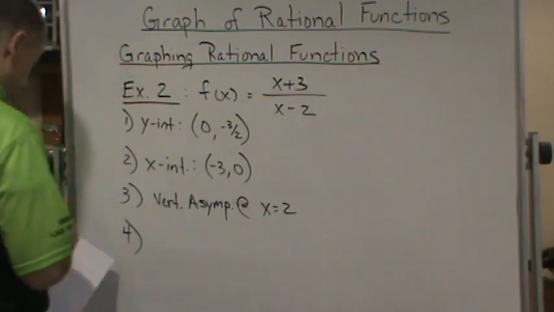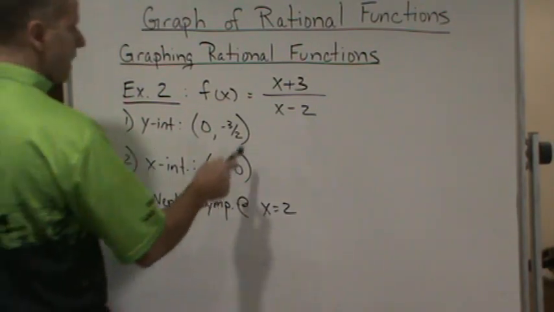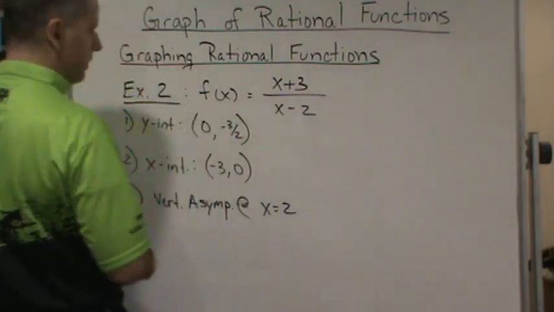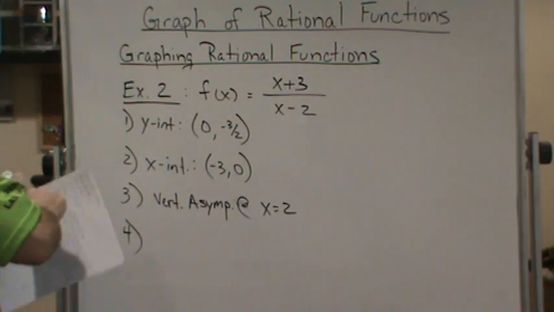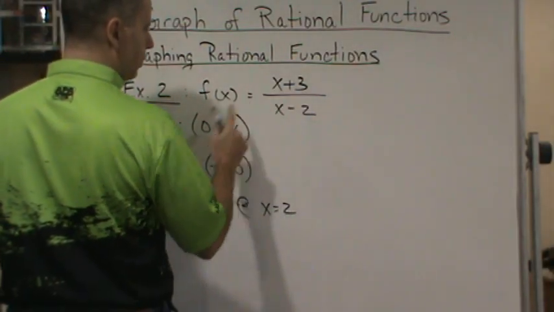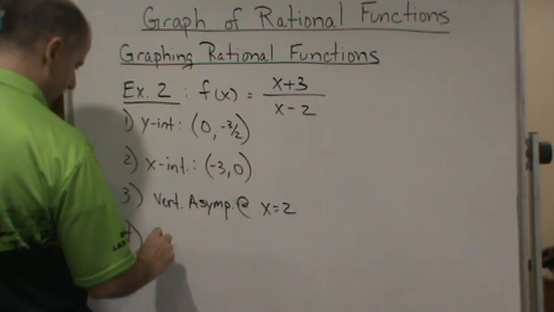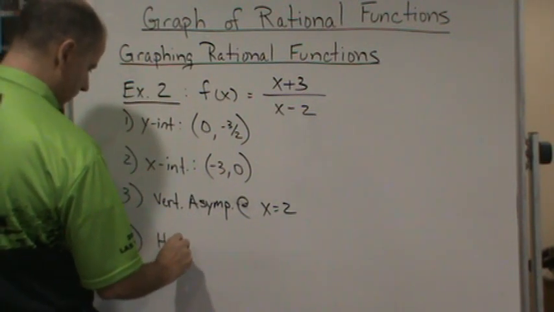Now, what about horizontal asymptotes? Well, in this case, we do have a horizontal asymptote. Notice that the degree of the top and bottom are the same. So that means it's going to be the ratio of the two leading coefficients, which is 1.